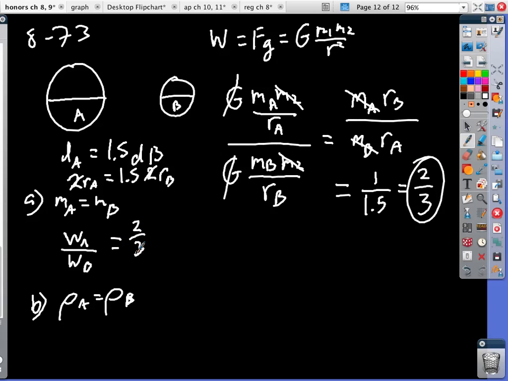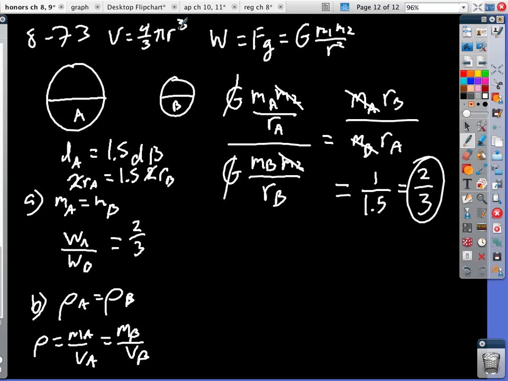Now, if the densities are the same, and density is equal to mass over volume, that means the mass of A over the volume of A is equal to the mass of B over the volume of B. And we have to remember that volume is equal to 4/3 pi r cubed.